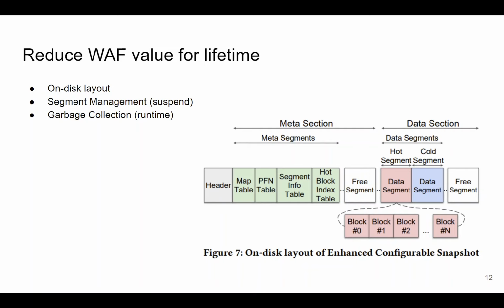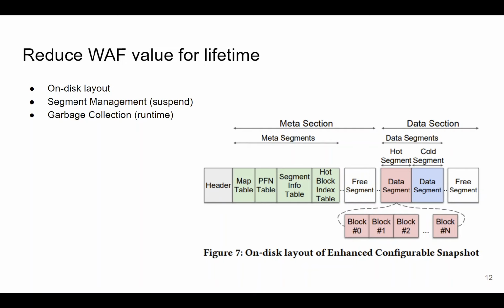To reduce WAF value, we designed these features. First, one of the key design considerations is to make the data structures with careful consideration of NAND flash characteristics. As illustrated in Figure 7, ECS divides the whole volume into fixed-size segments.